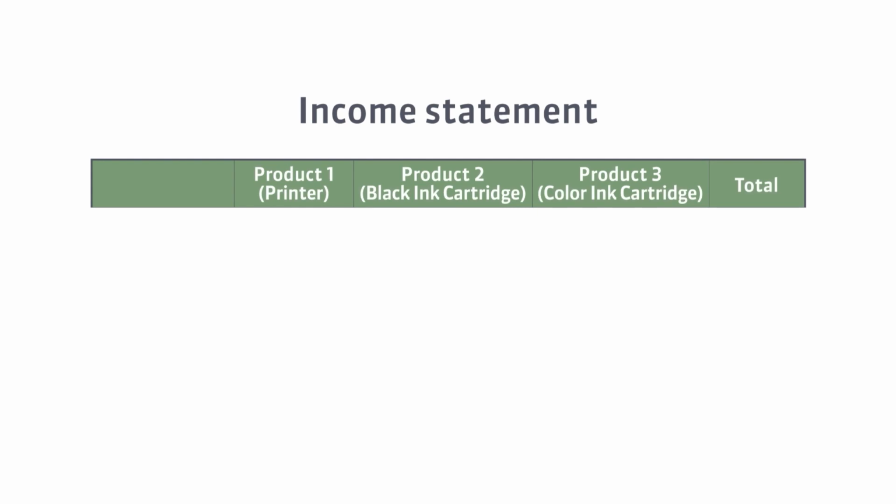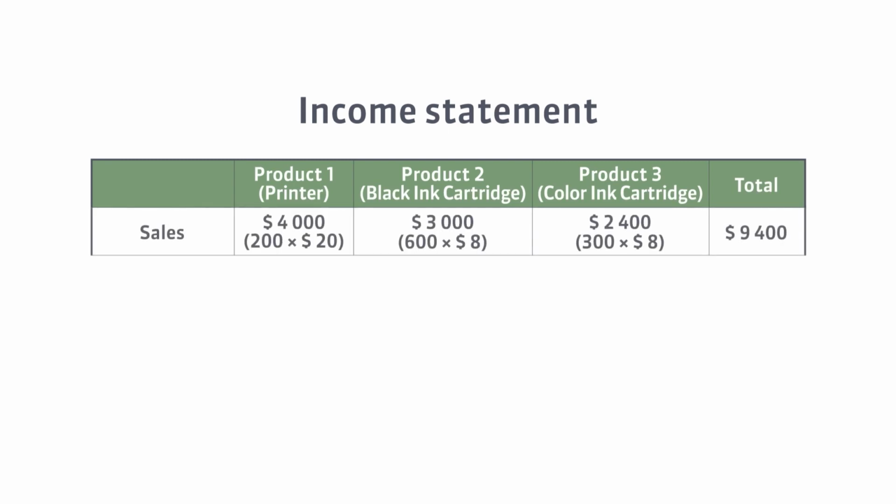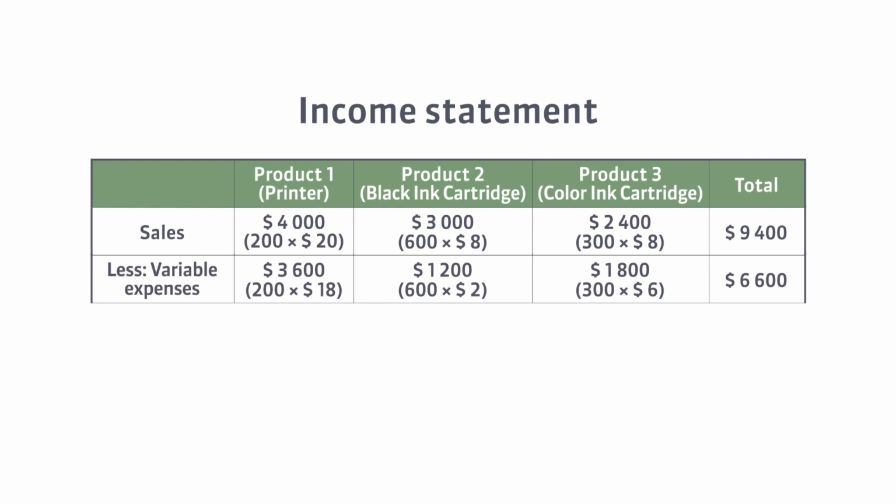So let's check what it will look like if we calculate it for all products sold. The projected income statement based on the sales forecast is now presented on the screen. First, we need to calculate the sales value of each of the 3 products. Then, we calculate their variable expenses.